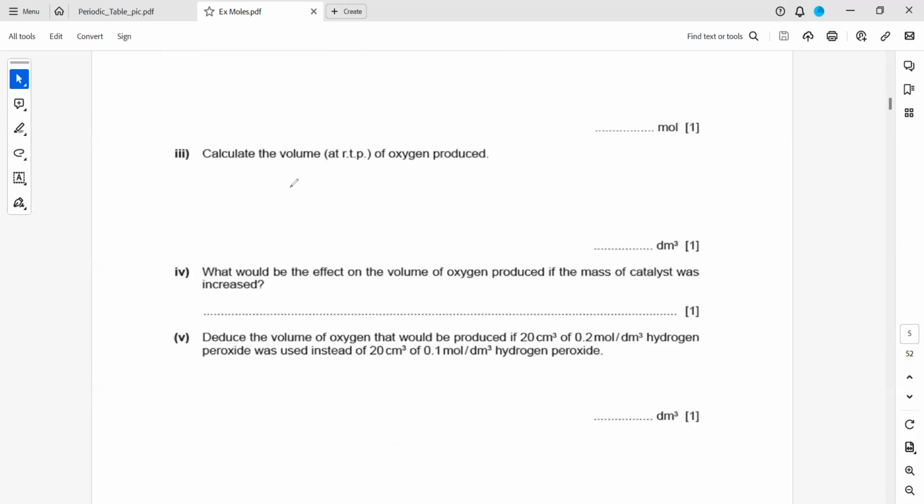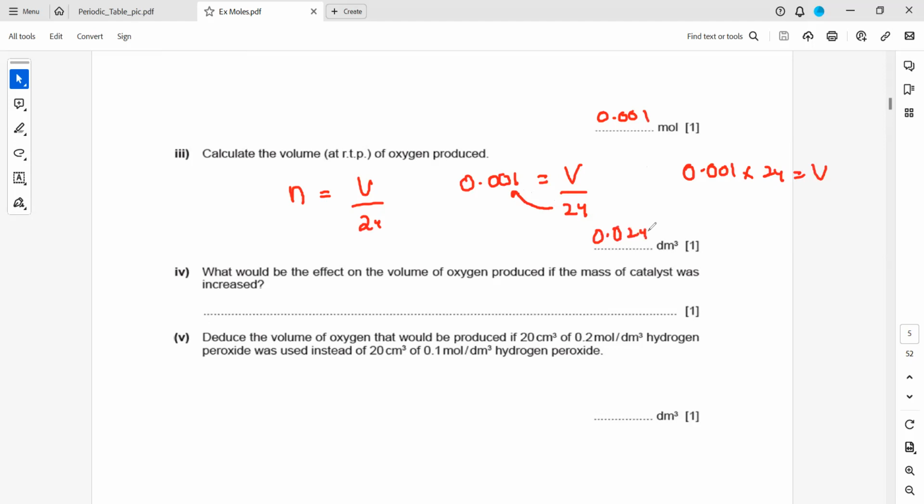So the formula is moles equal volume of the gas divided by 24. Moles of oxygen, which we calculated in the previous part, was 0.001. Volume of the oxygen we don't know, divided by 24. 24 is a part of the formula. It's the molar volume: the volume of 1 mole of any gas is 24 dm cube. This 24 is divided, on the other side it will be multiplied. So 0.001 multiplied by 24, and we get 0.024 decimeter cube.